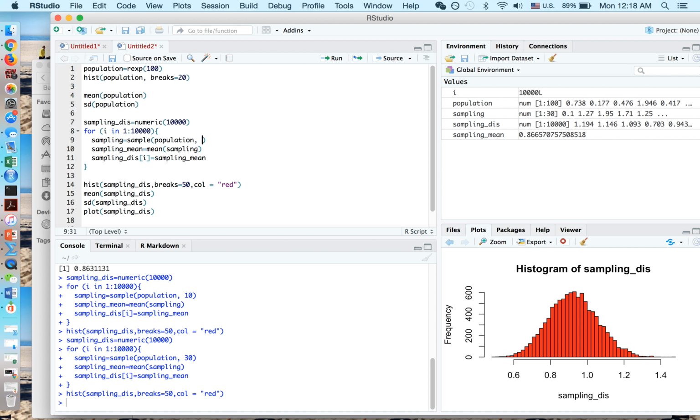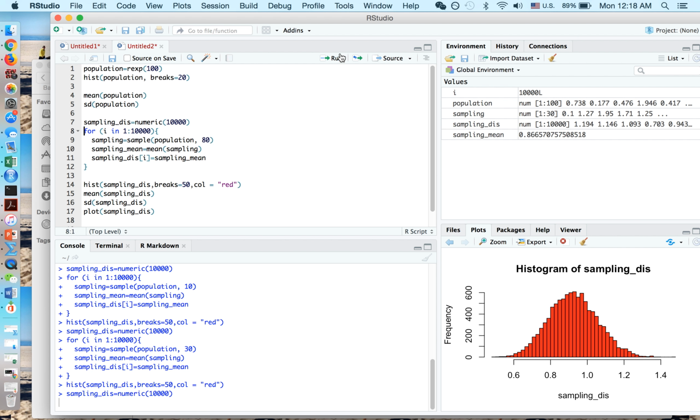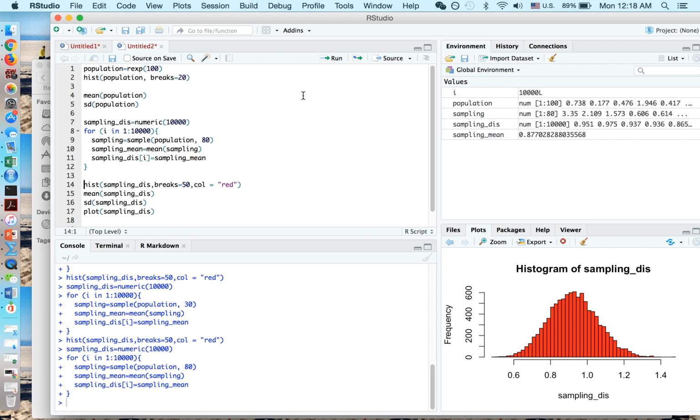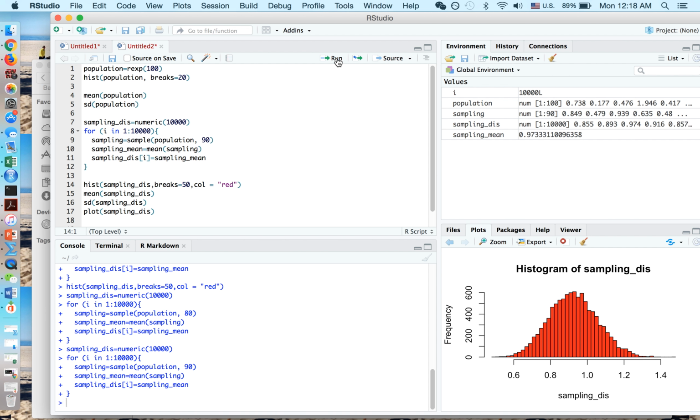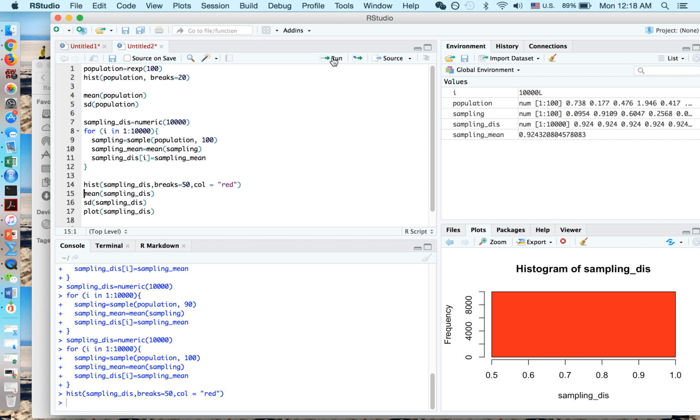It gradually looks more normal as we increase the sample size. Let's increase it to 90 and see what happens. It looks fairly normal, right? But let's see what happens if we sample with a sampling size of 100, and we get this.